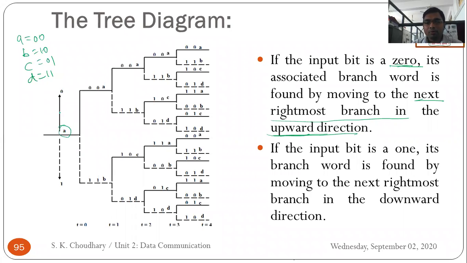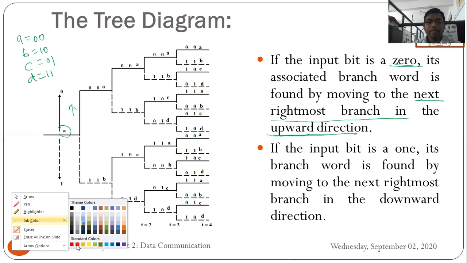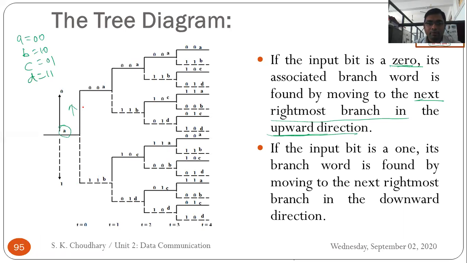When you receive the input bit 0, you move to the rightmost branch in the upward direction. Here, the upward branch is shown as a solid line, and the downward branch is shown as a dashed line. So always remember, the solid line is input 0, and the dashed line is 1.